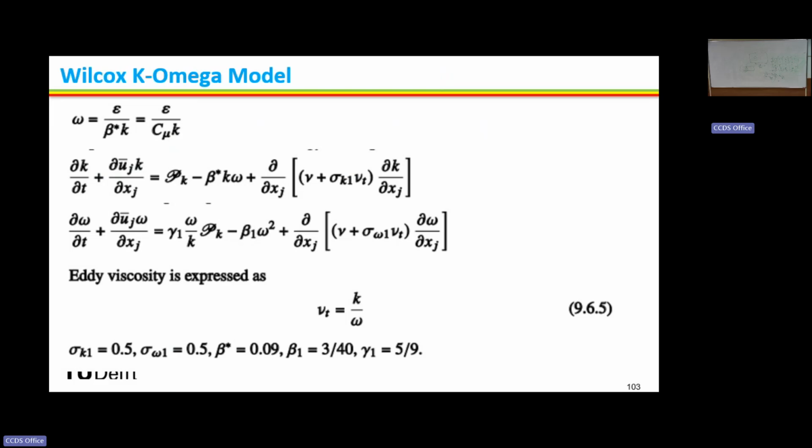So this model is closed in this form. And once this model is known, you solve for K, you solve for the omega. Once the K and omega both are known, then the eddy viscosity is the ratio of K to omega. Clear?